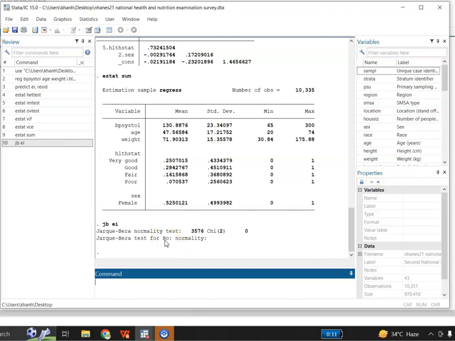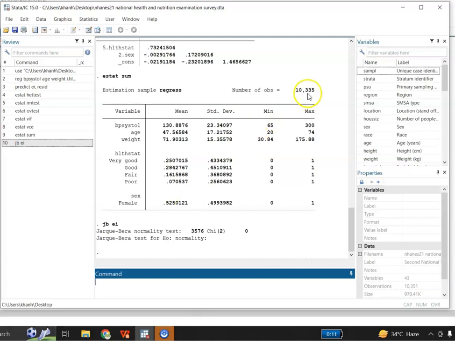So these are the various commands that we can use to test various assumptions of the multiple linear regression model. We could have also used another assumption to test for this model, and that was autocorrelation.